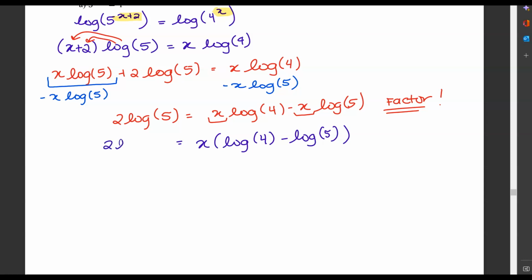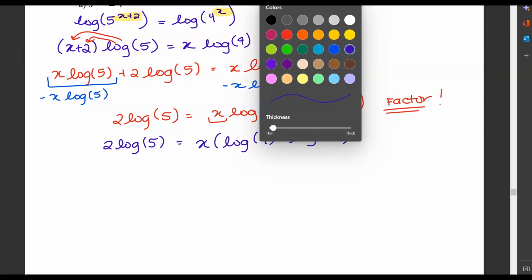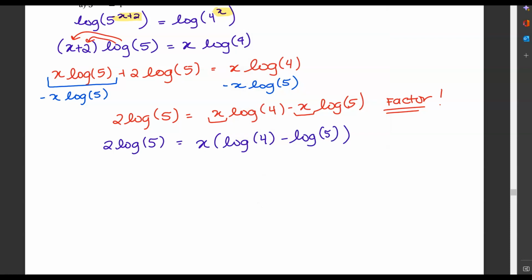Remember, this is 2 log 5. Okay. So now that we factored, what do we want to do? We want to be able to get x fully isolated. So we're going to do that by dividing by log 4 minus log 5 on both sides.